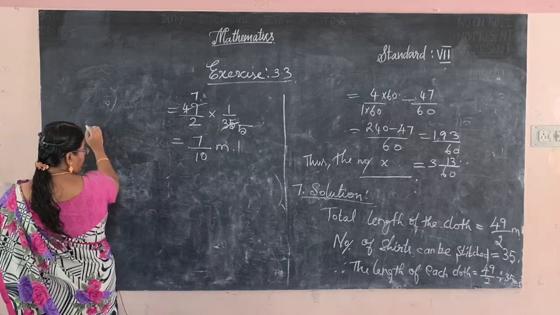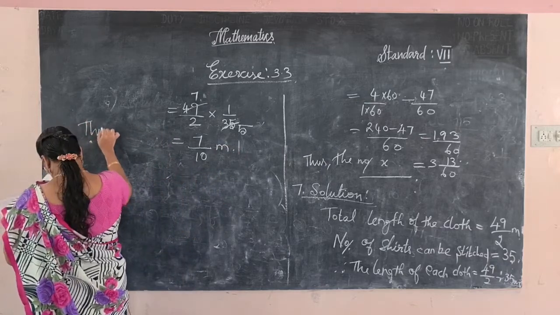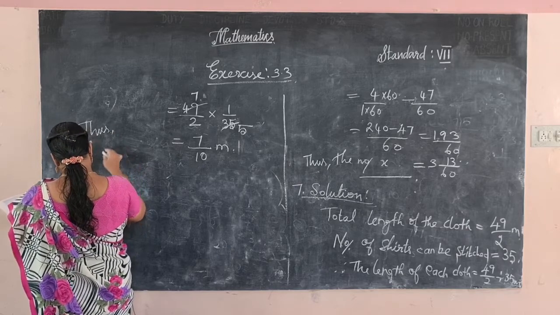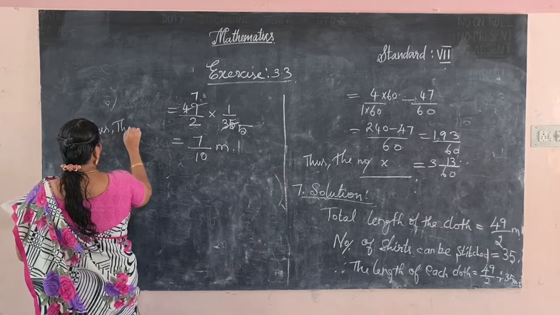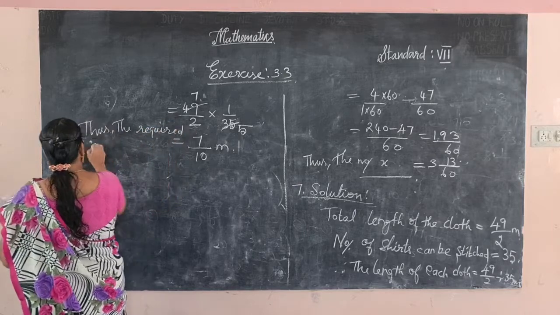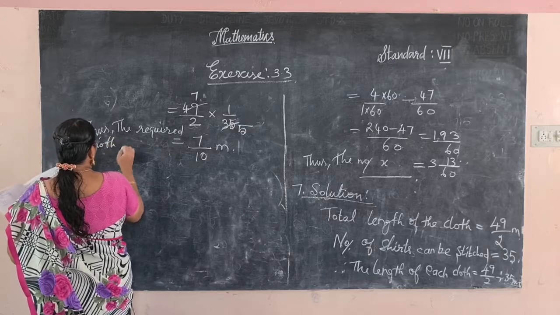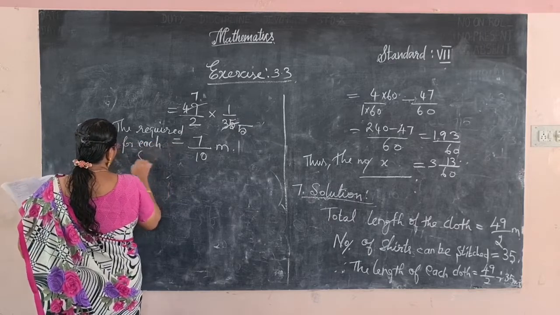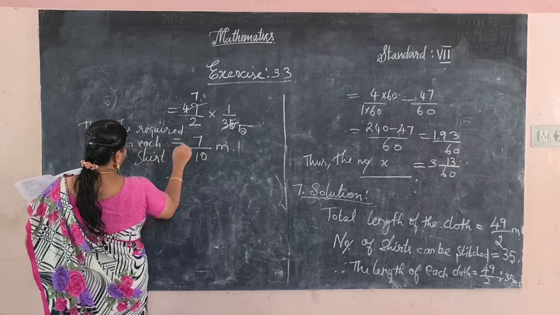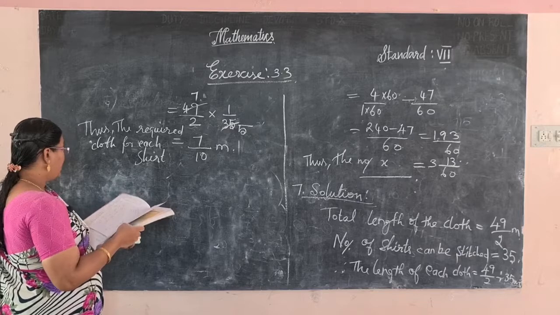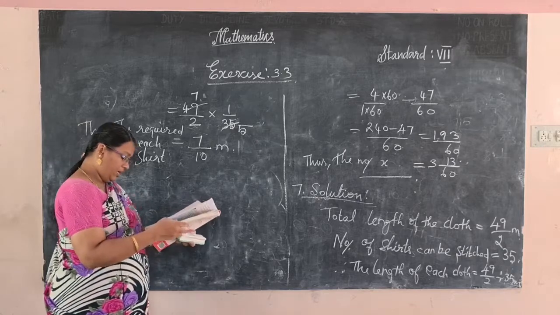Thus the required cloth for each shirt is equal to 7 by 10 meter.